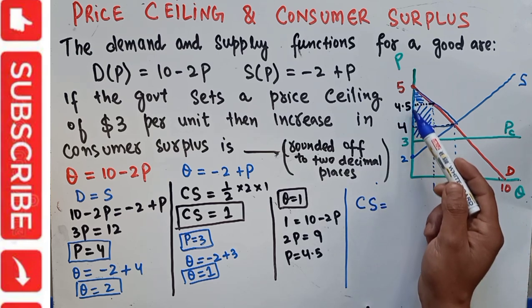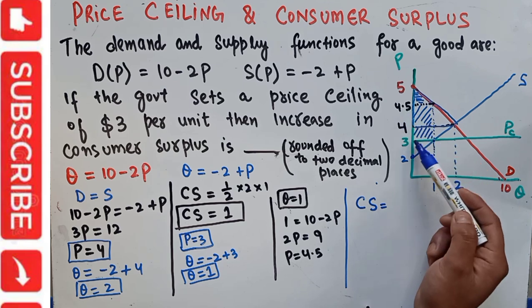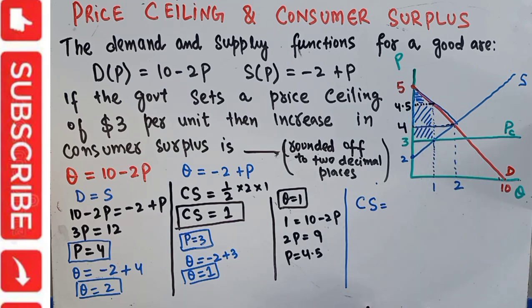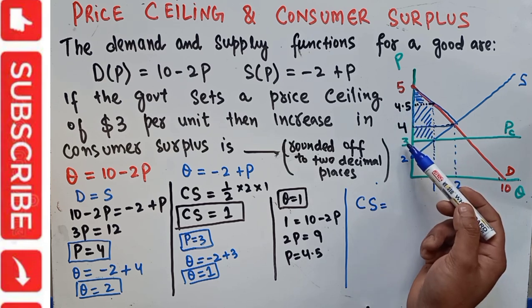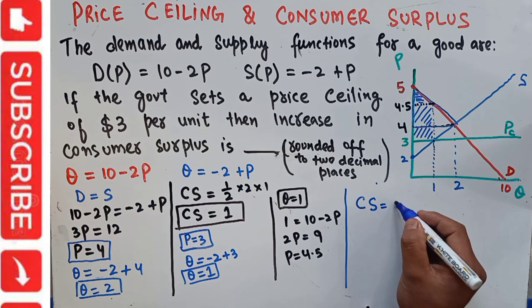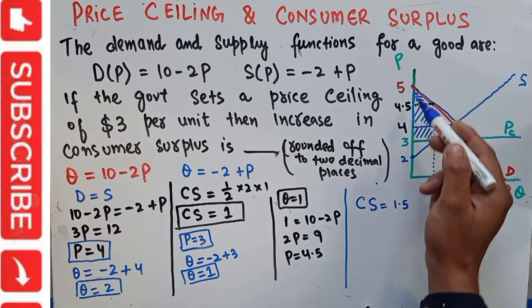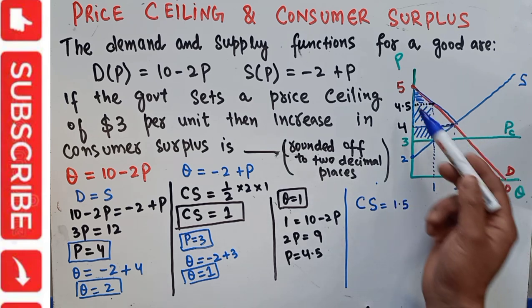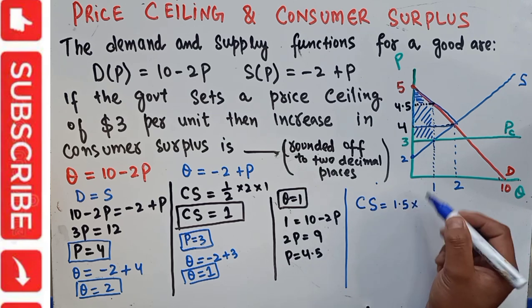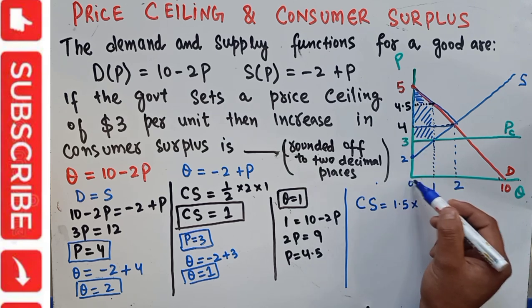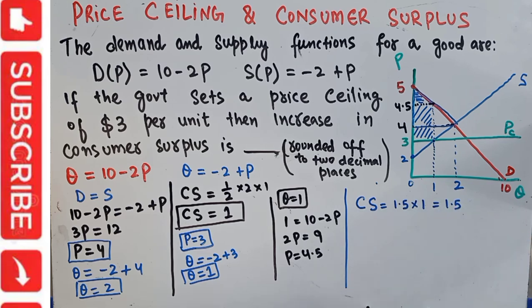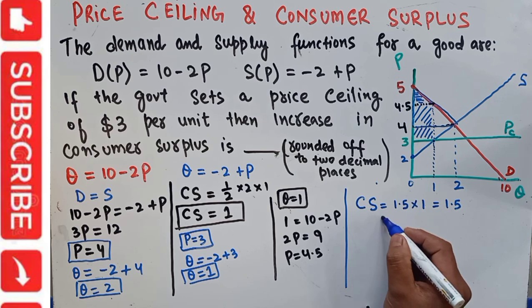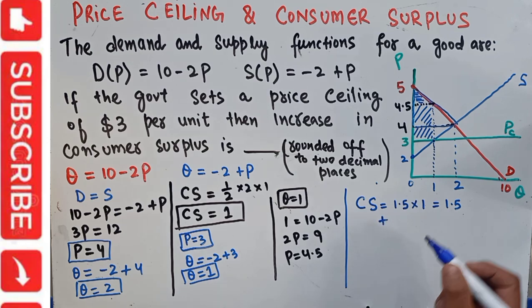So first we have this rectangle. Okay. So we have 4.5. We subtract 3 from this, so we will get 1.5. Since it is a rectangle, the area of a rectangle is length into breadth, so length is 1.5 and breadth is from 0 to 1, so breadth is 1, so we will get 1.5, plus the area of this very right angle triangle.